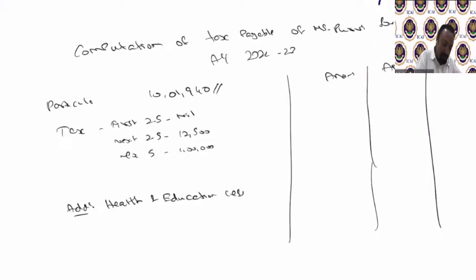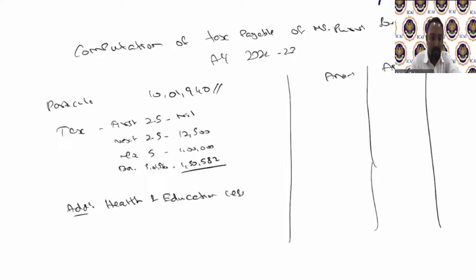Okay, so I'll have to round it off to the nearest 10: 10,01,940. So for the balance it will be 5,01,940, correct? On 5,01,940, I calculate 30%, which is 150,582.